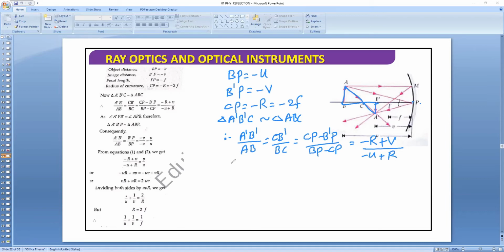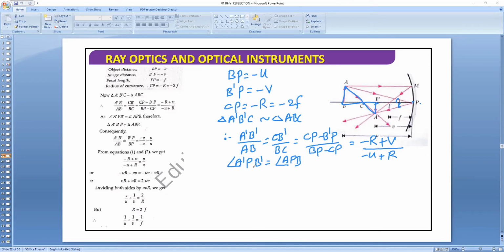Now, as you know, angle A'PB' is equal to angle APB, which means this angle, the reflected angle, and APB, the incident angle, are both the same.